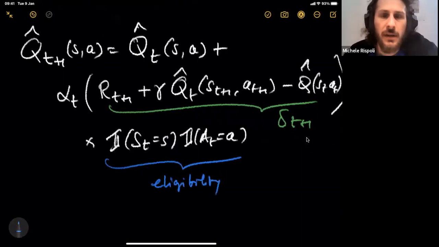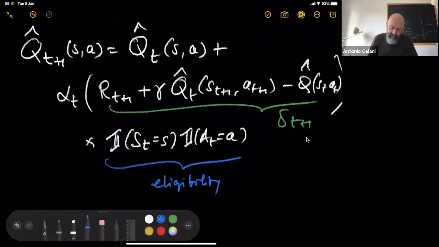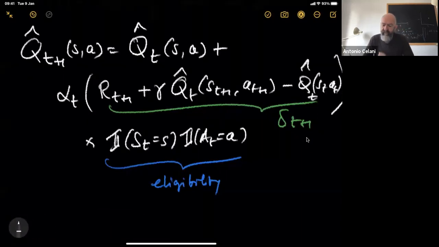Sorry, you're missing a T in the top right. I'm missing a T. Yes, thank you. So from your stream of states, actions, and rewards, now you can construct this temporal difference error, noticing that you have to go one step further here with the action at time t+1 in order to construct this particular temporal difference error. And then you can use this to learn how to proceed.